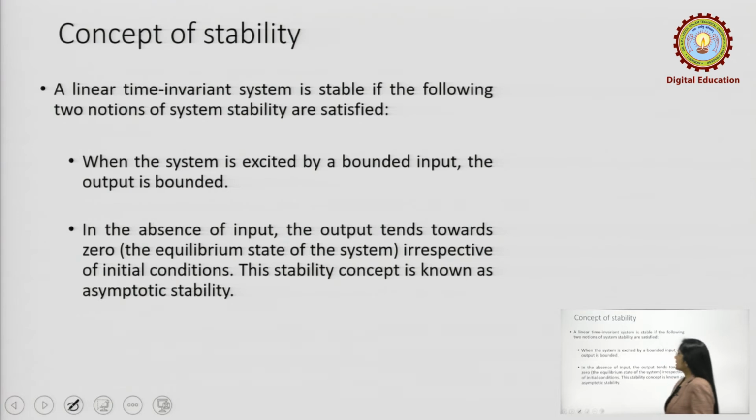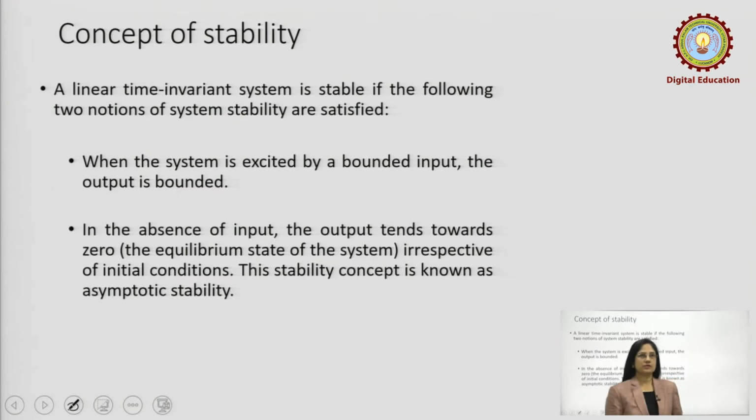A linear time invariant system is stable if the following two notions of system stability are satisfied. That is, when a system is excited by a bounded input, the output is bounded.